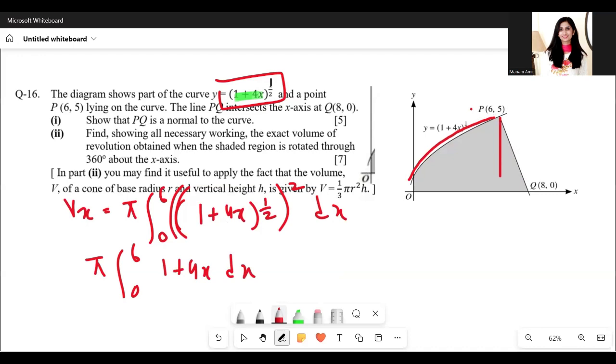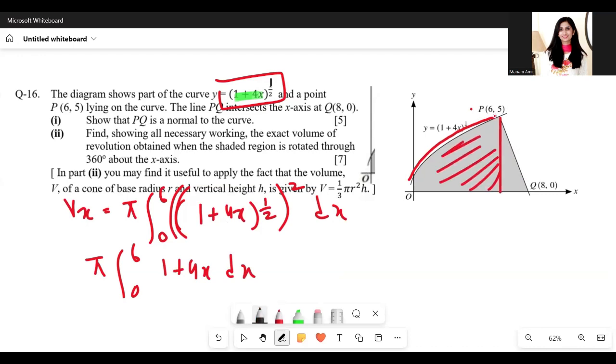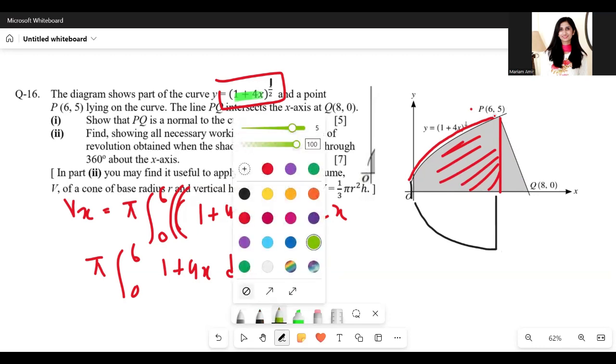This is going to be the volume for this region only. You get the whole 3D volume by applying this integration formula. Now we also need the volume of the other side of this line. Notice that when this revolves around the x-axis, it becomes a cone.